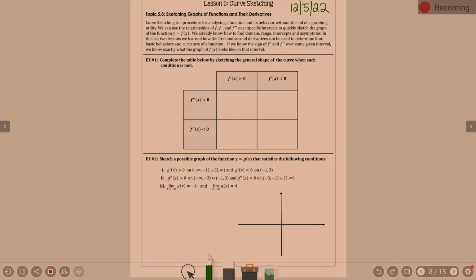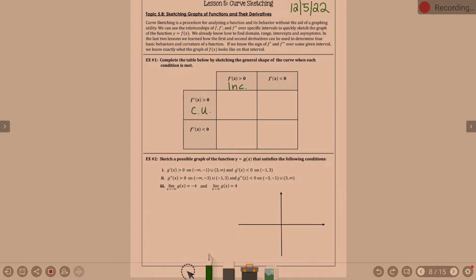Example 1. Complete the table below by sketching the general shape of the curve when each condition is met. We've talked about this a little bit at times. Basically, what's the graph going to look like when the first derivative is greater than 0 and the second derivative is greater than 0? What does first derivative greater than 0 mean? What does second derivative greater than 0 mean?